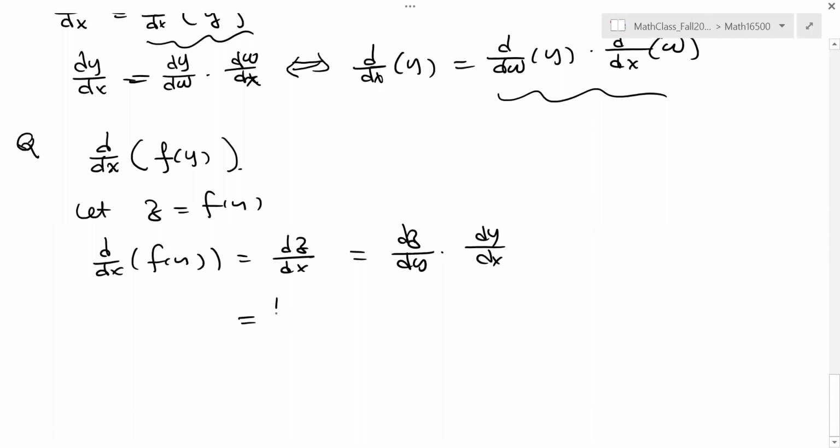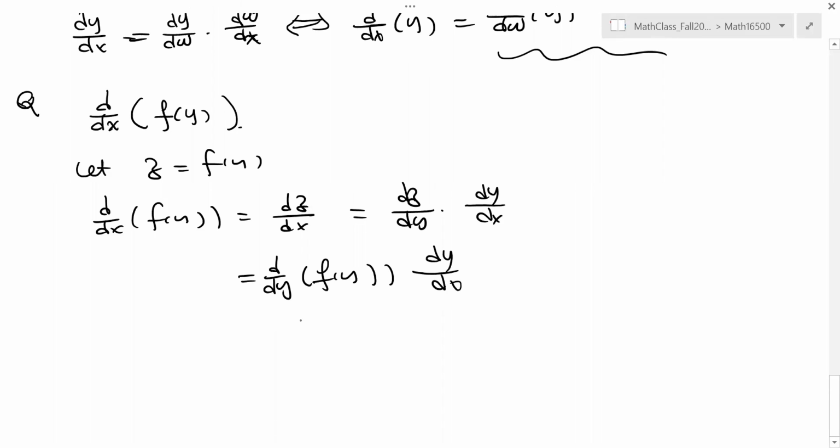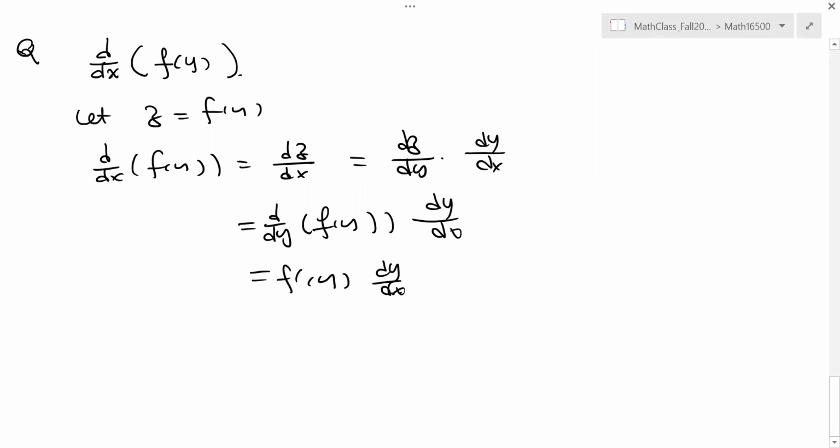That's the derivative of z with respect to y, and this part we know. So this can also be written as f prime of y times dy dx.